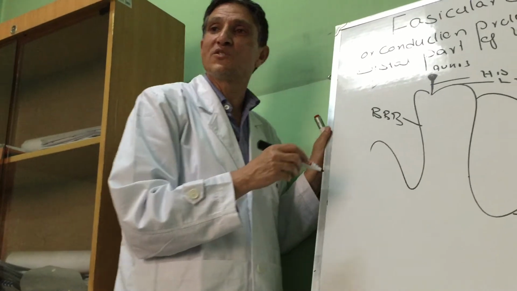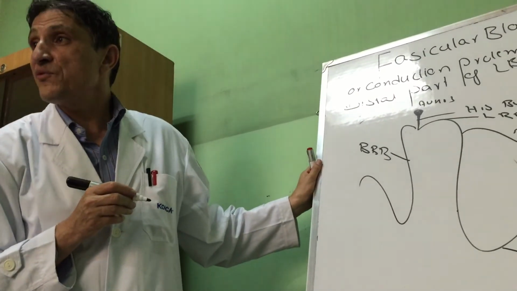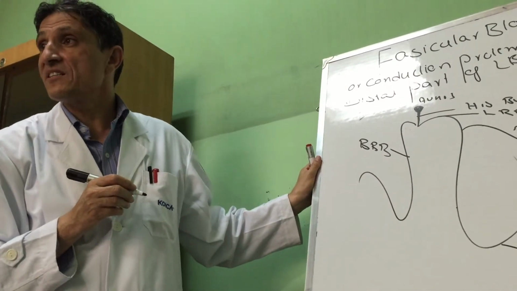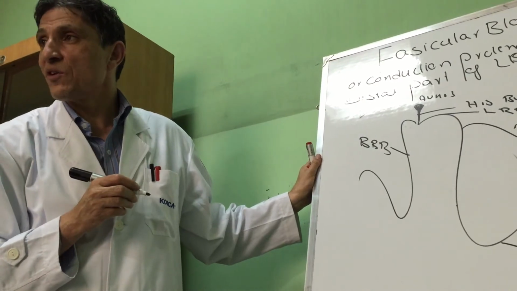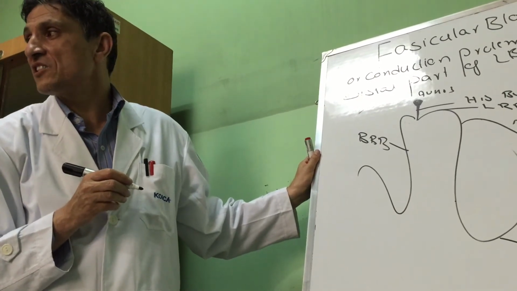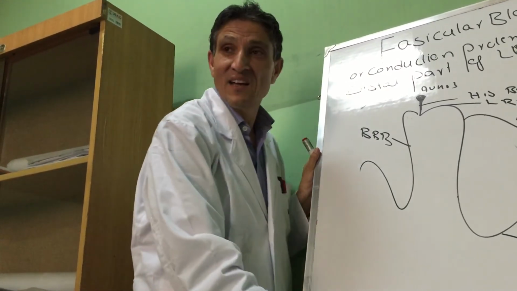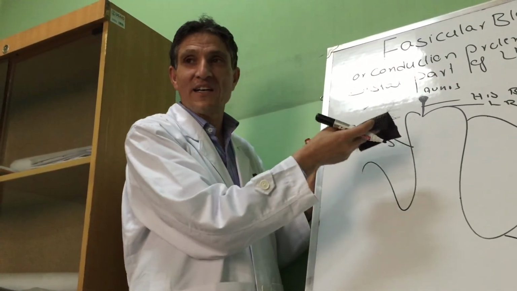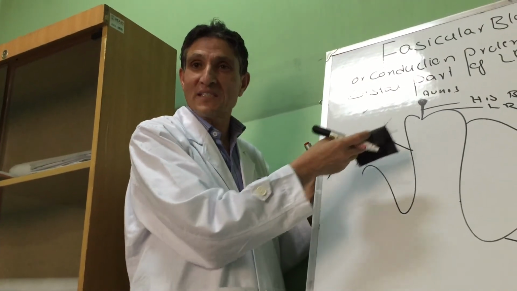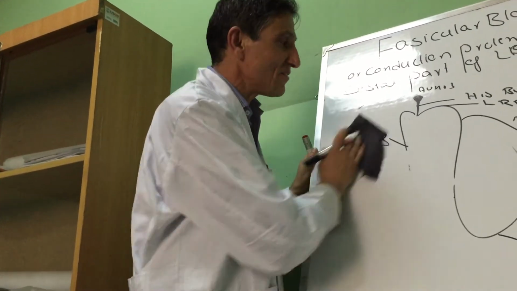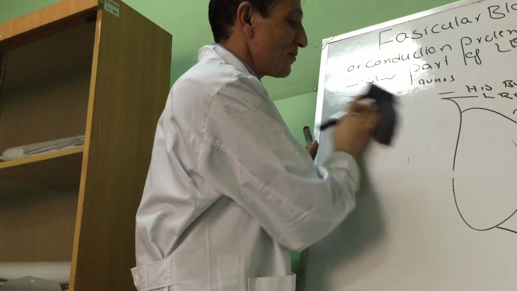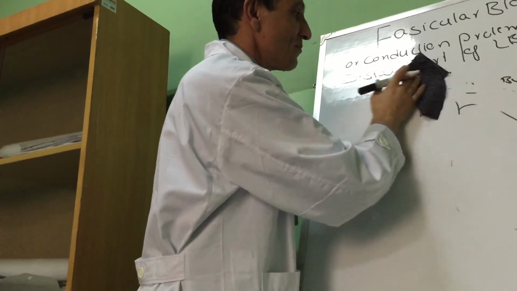The third principle which is very important is that the left ventricle contains more muscle than the right ventricle. Therefore, it has more influence on the ECG, particularly on the axis. This was about the anatomy and the basic principles of the fascicular block.